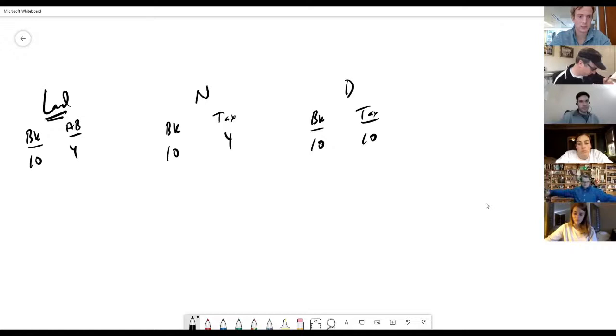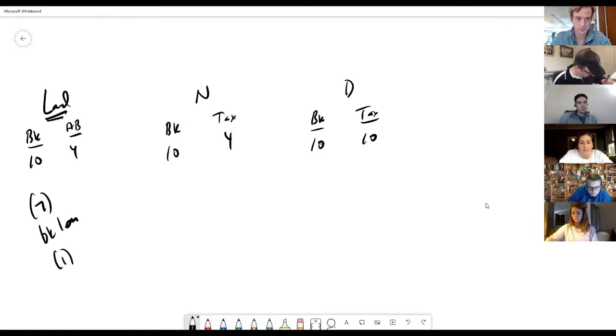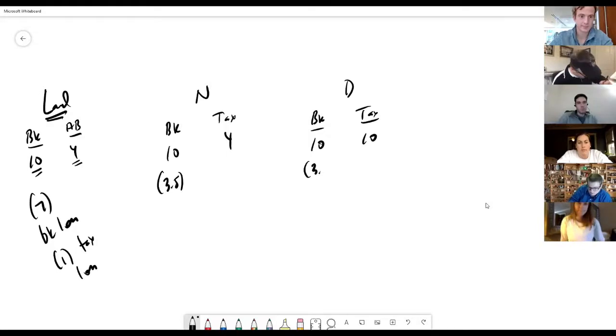Sell it for 3, we got 7 of book loss and 1 of tax loss. Amount realized is 3, book basis is 10, tax basis is 4. So 7 of book loss allocated 50-50, so each gets 3.5.